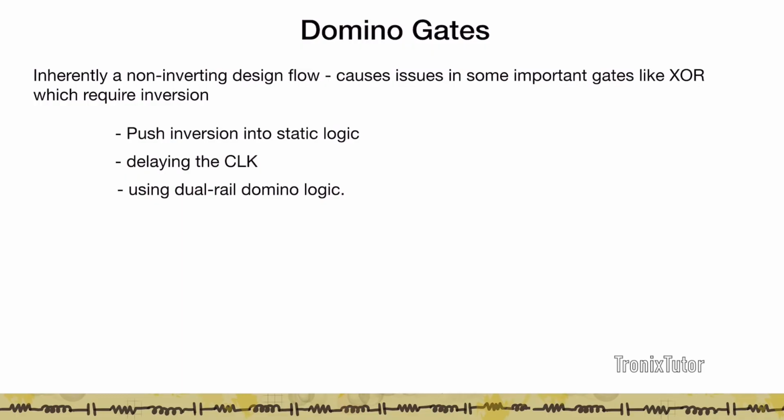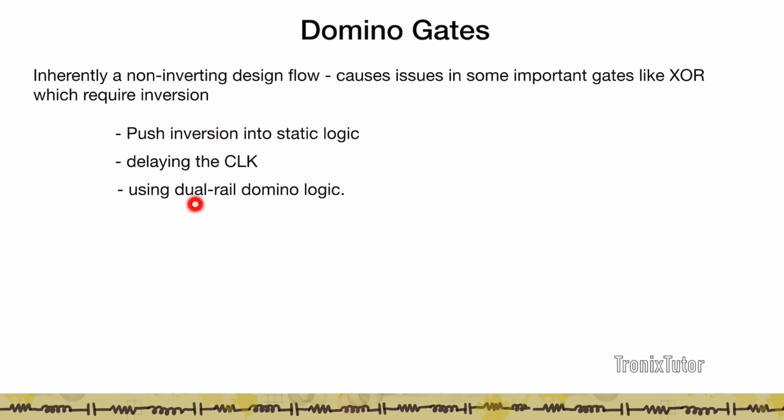So especially when you're designing gates such as XORs, which require inversion, it becomes harder to design them using domino gates. Options for that would be to push inversion into static logic. We can delay the clock signal so that we give ourselves sufficient time to invert. And third, by using what is known as dual rail domino logic.